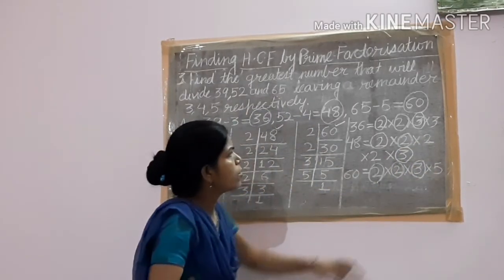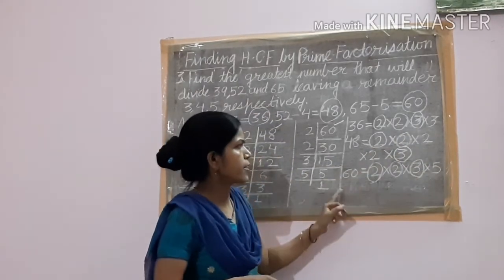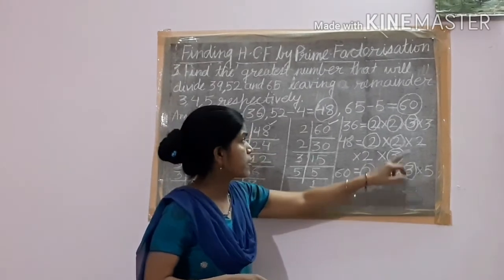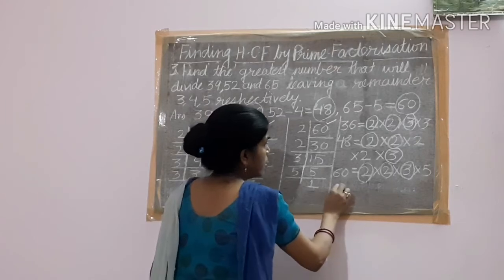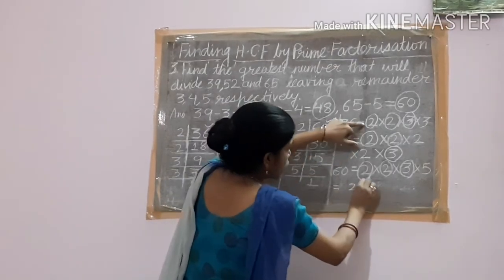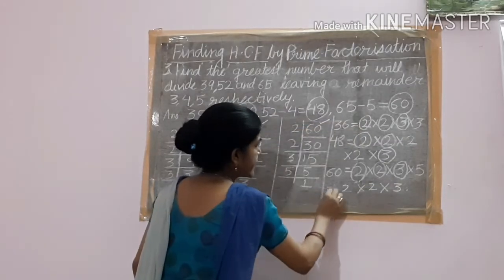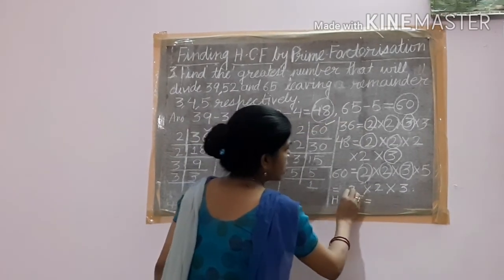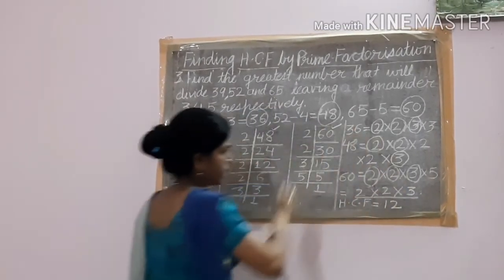Now, 3 is here, but no other 3 is present in 48 or in 60. 5 is present in 60, but not in 48 and 36. So the common factors are 2 multiplied by 2 multiplied by 3. So HCF is equal to, multiply this: 2 twos are 4 and 4 threes are 12.